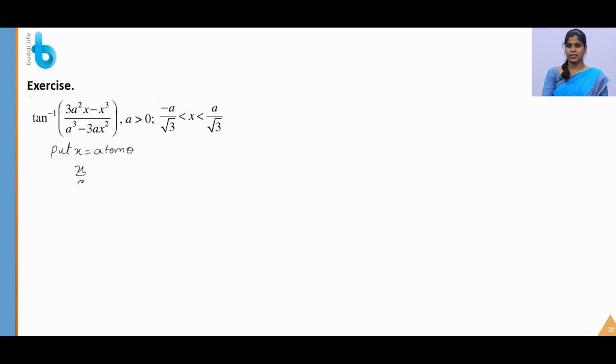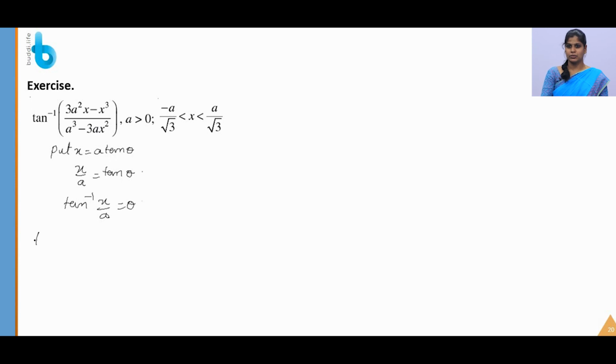So x by a equals tan theta, so tan inverse of x by a equals theta.